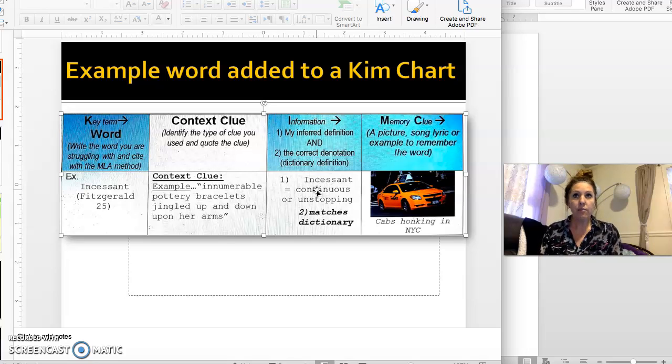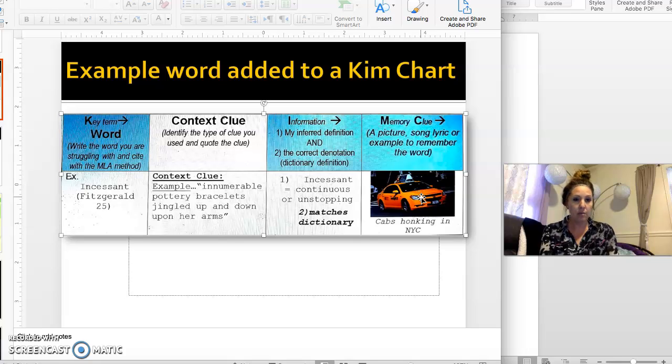Now, how will they remember that word? So you want to make sure you put a memory clue. So if we're doing this digitally, it's great and easy to use Google Images and copy and paste pictures into your chem chart. So in this case, many of us, we all live here in New York City, we've been downtown to Times Square. Think of that.